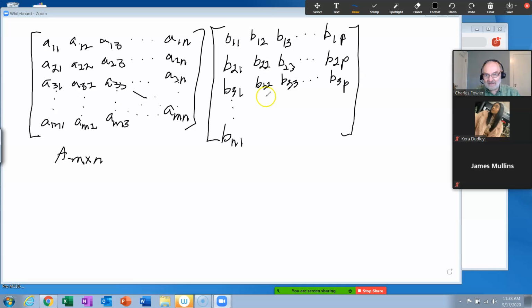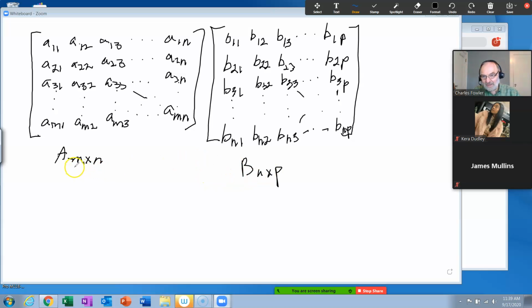So this will dot, dot, dot on down to B sub N2, and this dot, dot, dots down to B sub N3, and this dot, dot, dots over to B sub NP, and this dots on down to that too, and everything dots to everything. Okay. Now, the matrix B has to be an N by P.